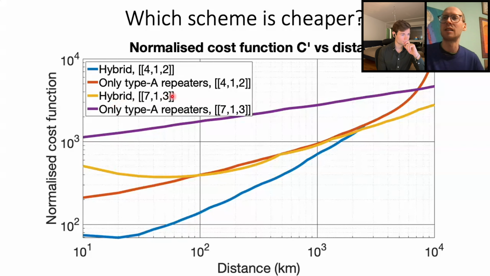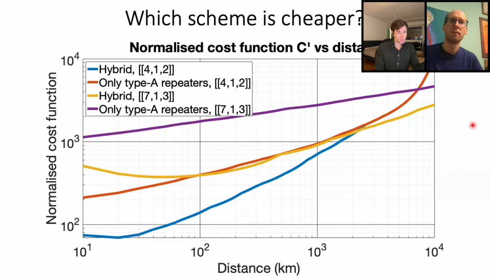So then it's better to switch to these more powerful repeaters where you also concatenate with the 713 code. That's the yellow. So we're using in the paper 4 and 7 as the number of entangled states in one of these more powerful repeaters.